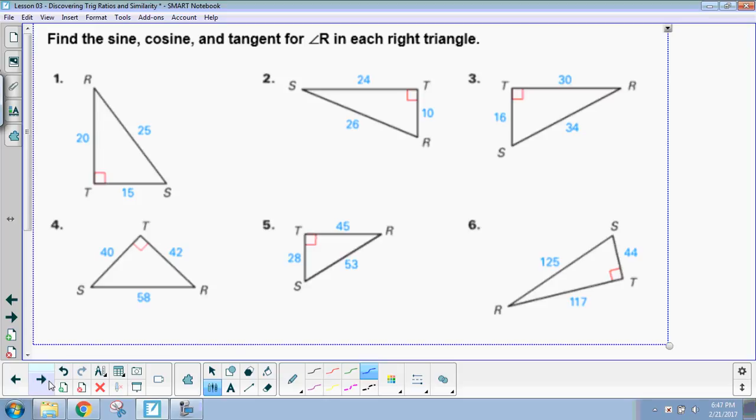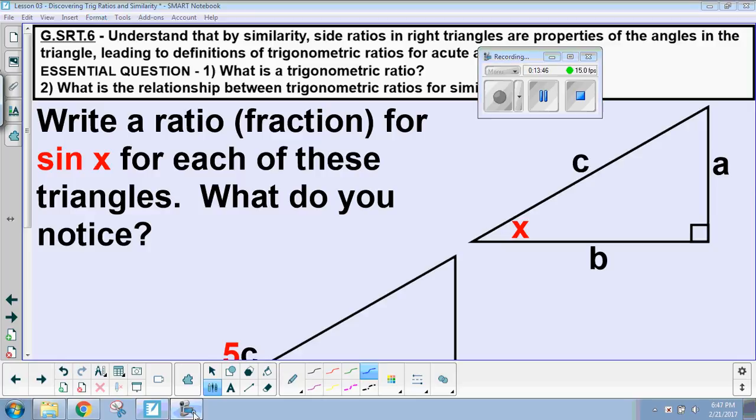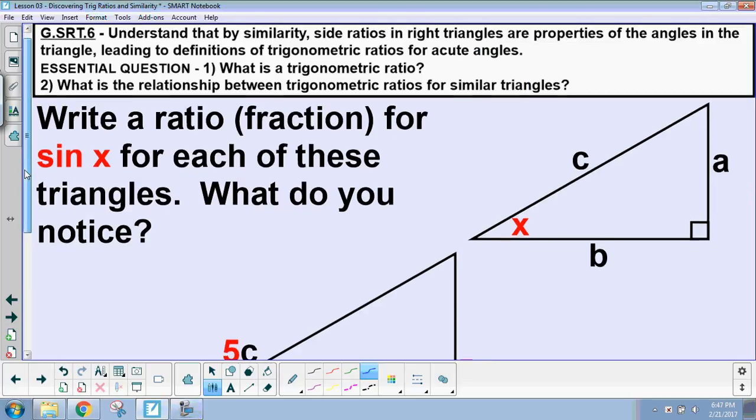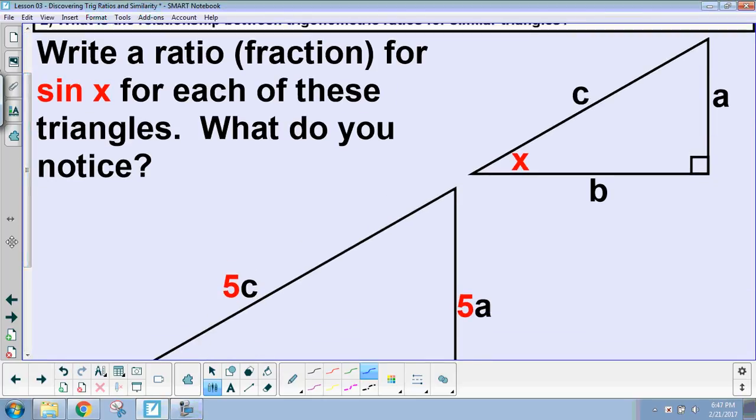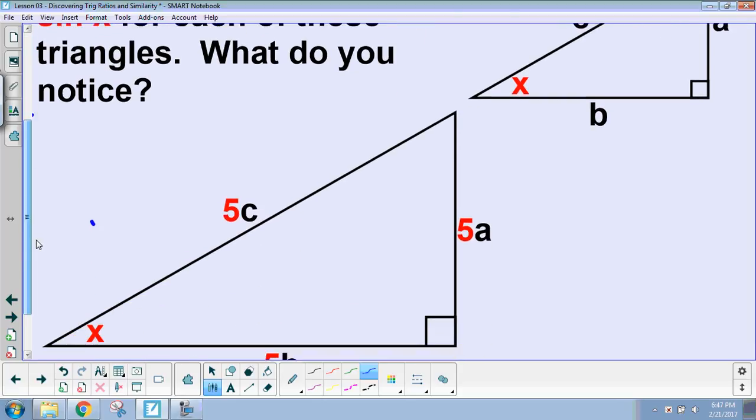Alright, let's keep going. I'm just going to chase some ideas about similar triangles. If you write the ratio in fraction form for sine x for each of these triangles, what do you notice? Go ahead and take a minute. Sorry, I'm using my laptop so you can't see the whole screen right now. This little one and this big one.